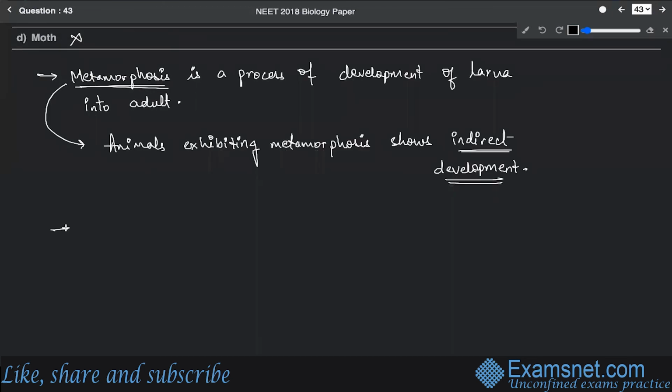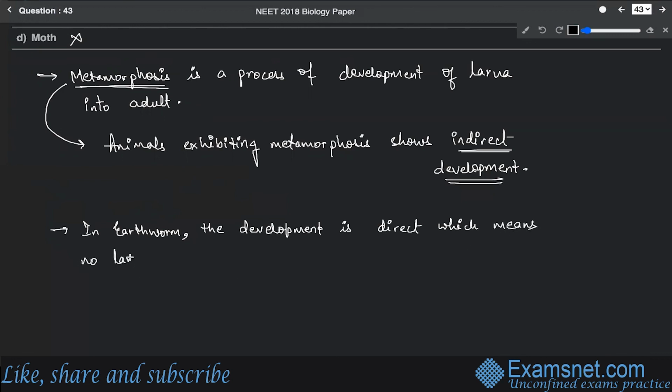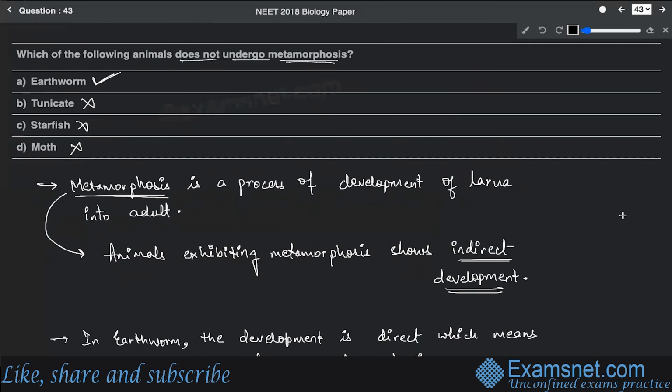So you can say that in earthworm the development is direct, which means no larval stages and no metamorphosis. So this is the case. That means option A is the correct answer.